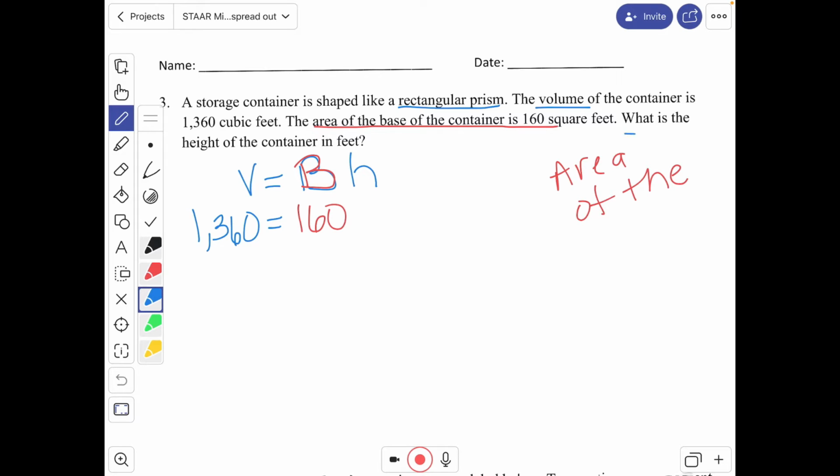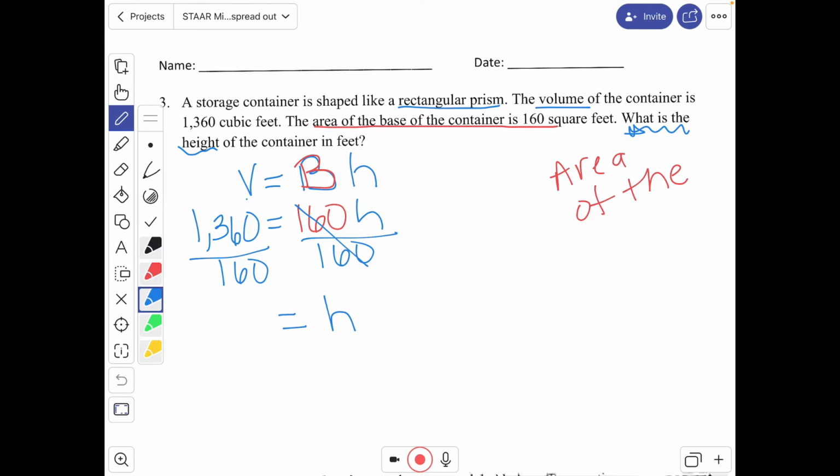And the thing we're looking for, what is the height, goes right there. We don't know what the height is. So we're trying to solve for H. Since this is multiplication, we're going to do the opposite, which is division. So I'm going to divide both sides by 160. That cancels. Since that cancels on the right, the only thing left now is just the h. And on the left side, I need to divide that out.